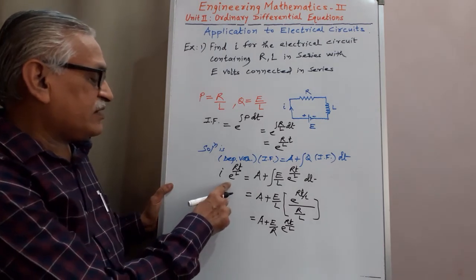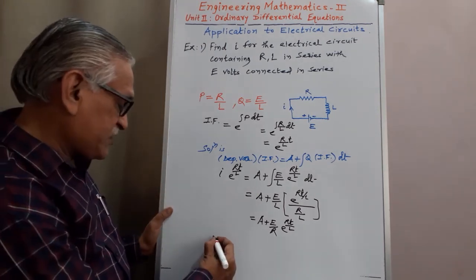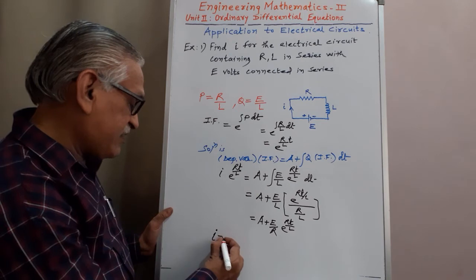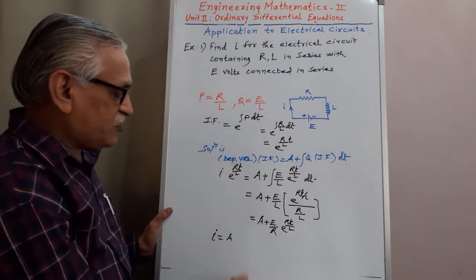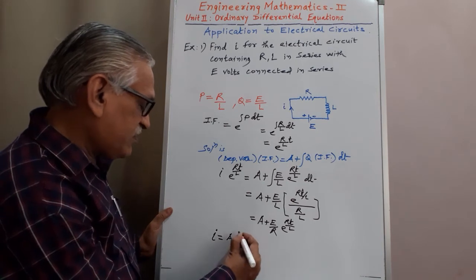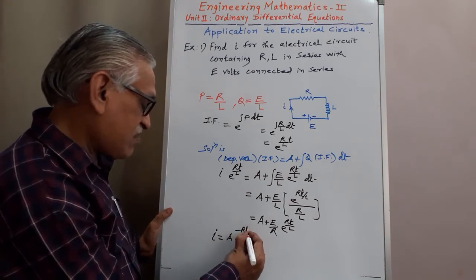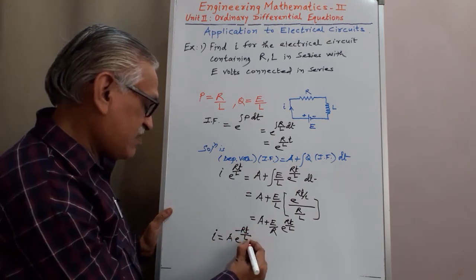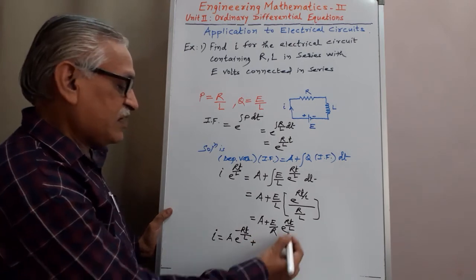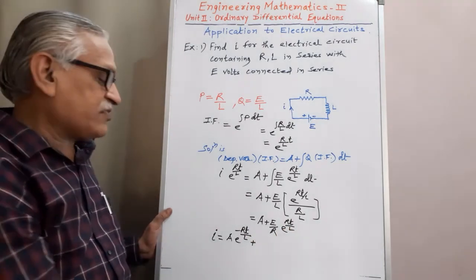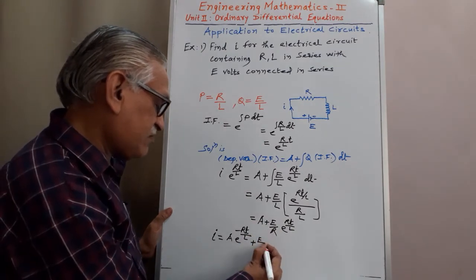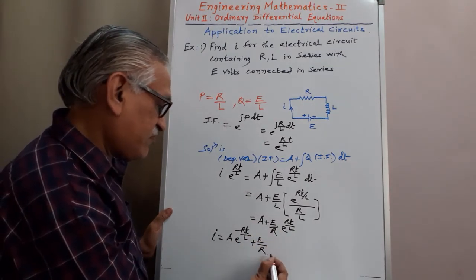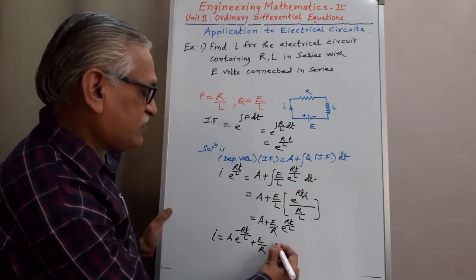Then dividing by e raised to RT by L, we get the expression for current I as A times e raised to minus RT by L plus E by R, since e raised to RT by L gets cancelled with the other e raised to RT by L. We call this equation number 2.